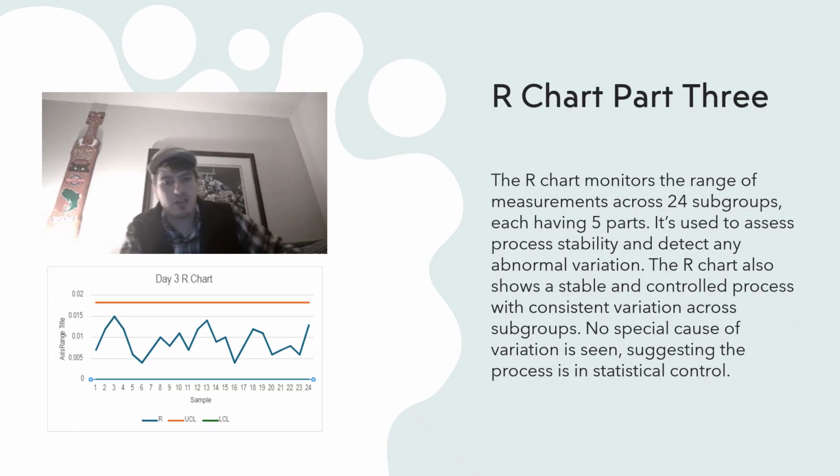The R chart also shows a consistent and controlled process and consistent variation across all subgroups. No cause of variation is seen, suggesting the process is in statistical control. So all in all, the chart seems very accurate and in good positioning.